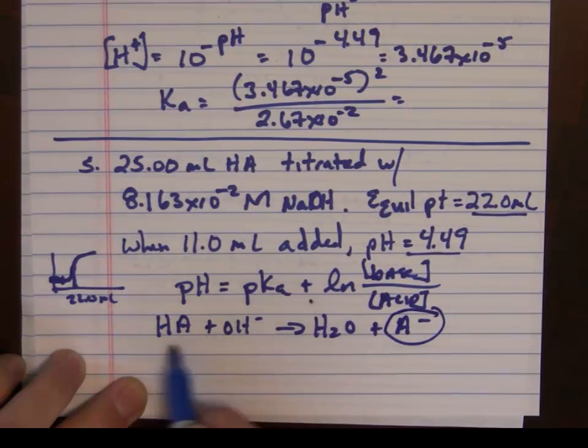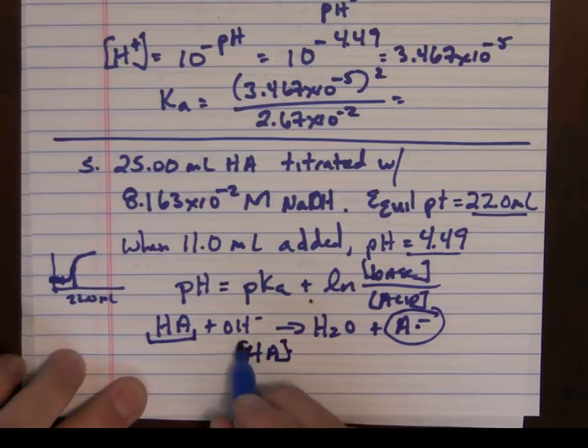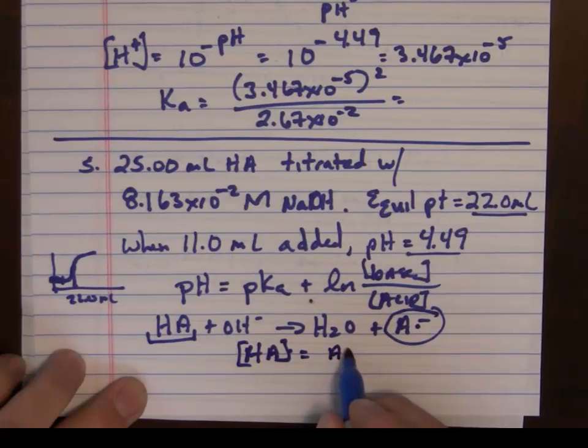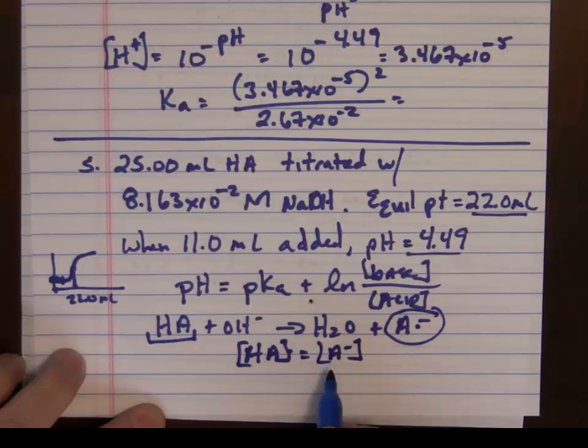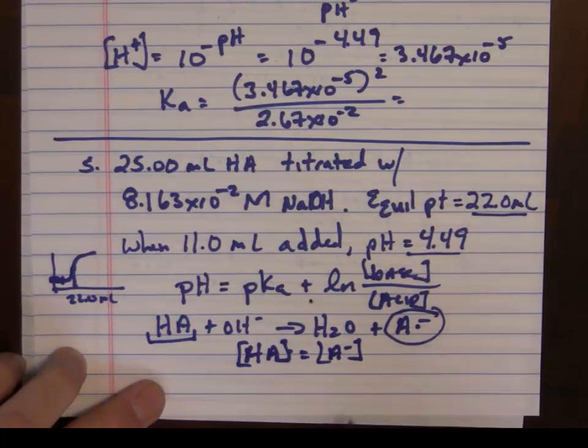But when I'm halfway there, I have used half this amount and converted half of this amount into A minus. So at that point, the number of moles of HA equals the number of moles of A minus. At that point and that point only, that's at half equivalence. When I've added exactly half the equivalent amount of base, I'm at this point.